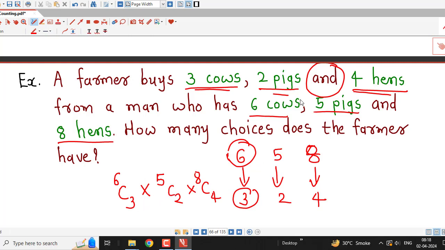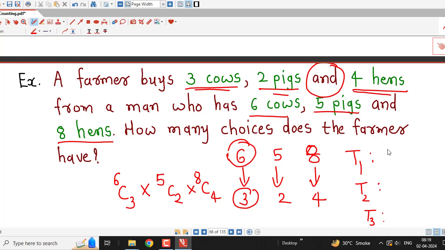Also we can consider the task of the farmer in 3 different tasks. Suppose task 1 is to select 3 cows out of 6 cows. Task 2 is selection of pigs, and task 3 is selection of hens. And the farmer wants to buy all these 3 types of animals. Therefore, we have to apply the product rule.